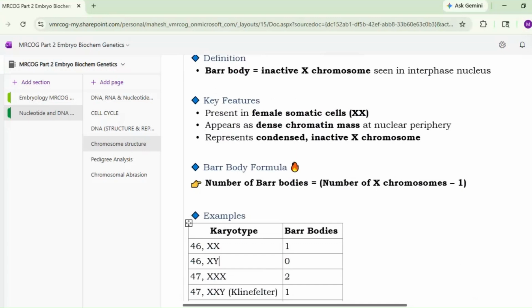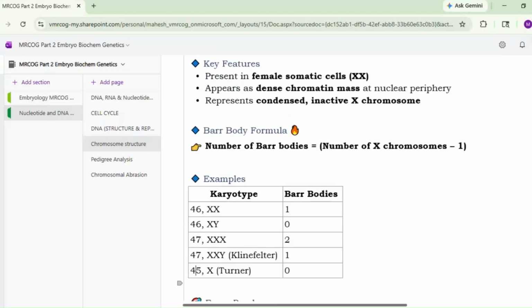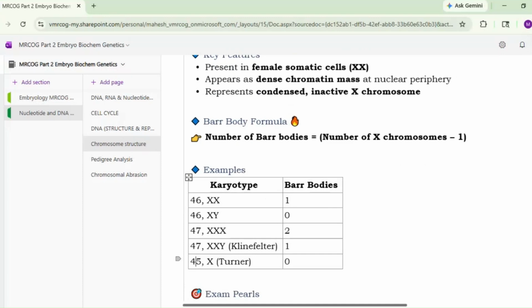So when you examine the Barr bodies, you will get an idea of the karyotype. If you have a 47XXY, which is Klinefelter syndrome, you will have one Barr body, but when there is a 46XY, there are 0 Barr bodies because there is only one X chromosome. If there is Turner, that is 45X, there will again be no Barr body.